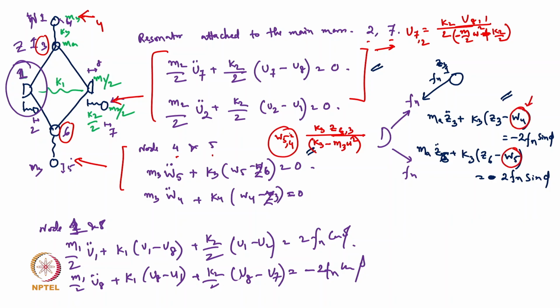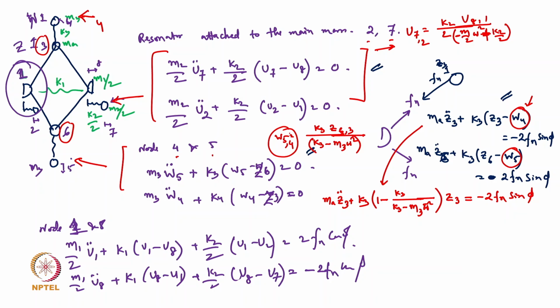And again, this equation we can write as ma z3 double dot plus k3 into 1 minus k3 divided by k3 minus m3 omega square into z3 should be equal to minus 2 fn sine phi. So what is happening here?